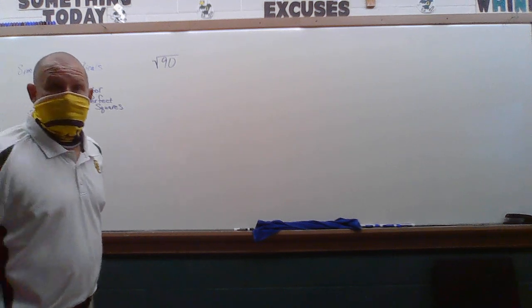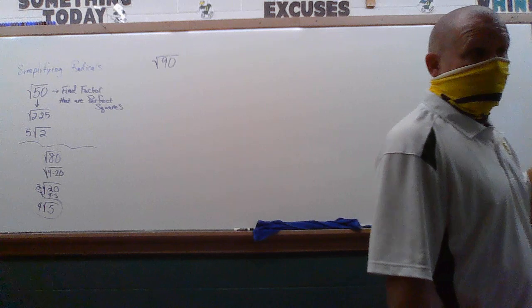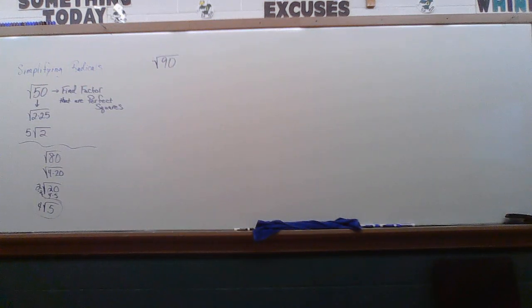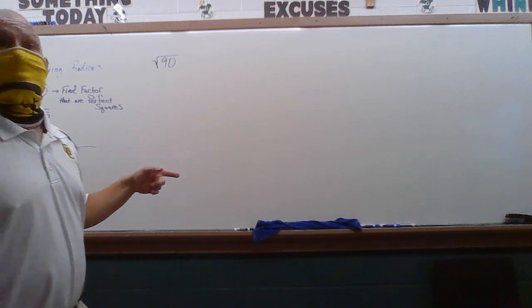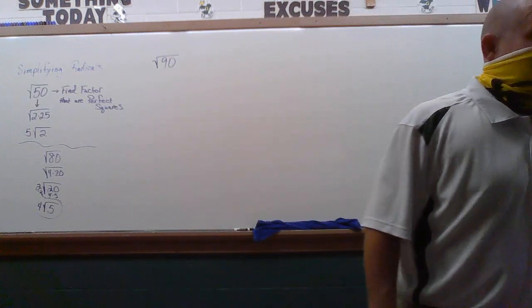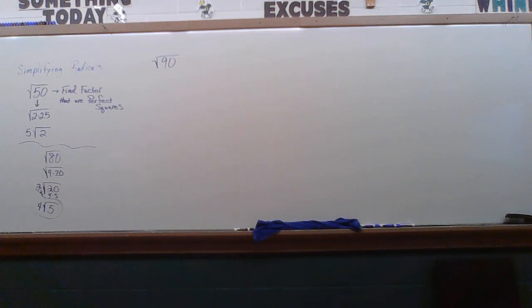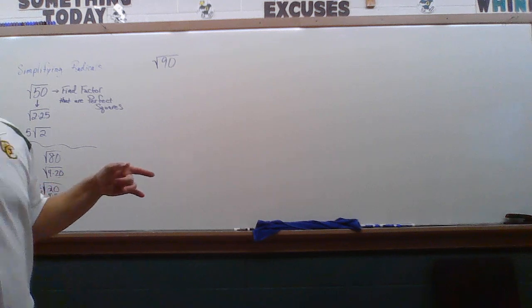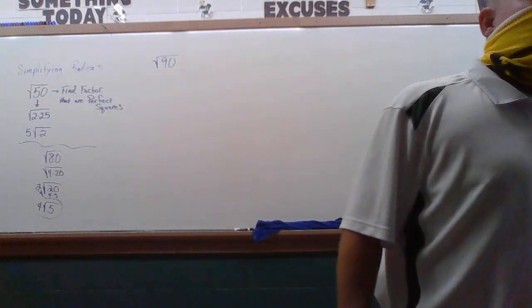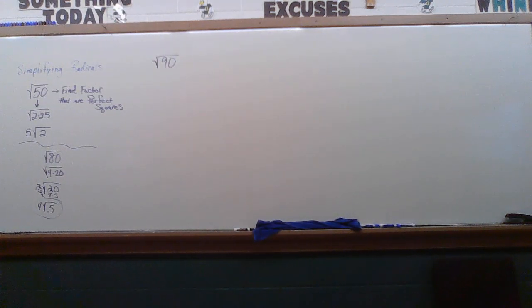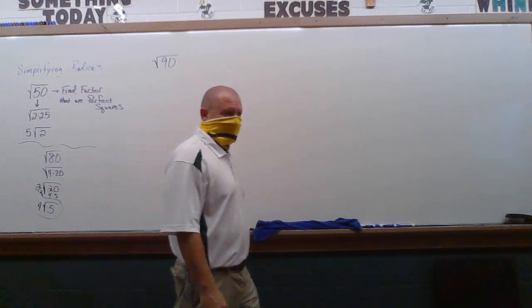What's 10? 100, 11, 121, 12, 144, 13, 169, 14, 196, 15, 225. You should definitely know through 15. Okay? All right, so try it with 90 now. Find a perfect square in 90 and then break it down.